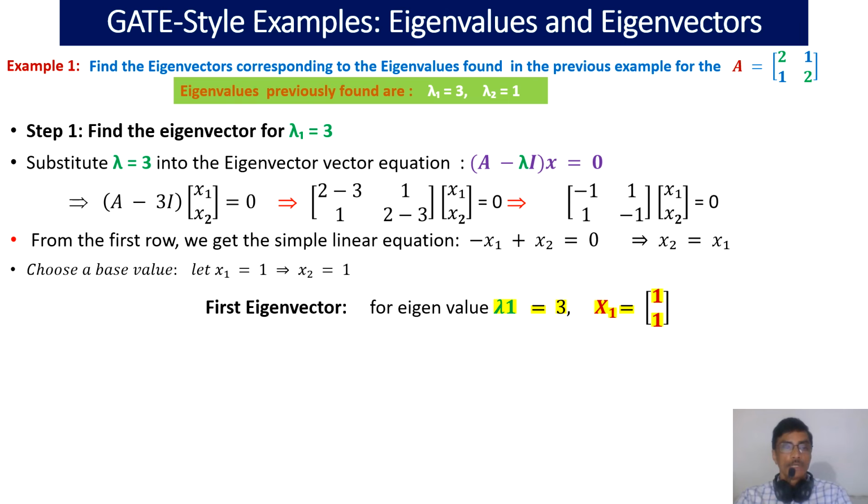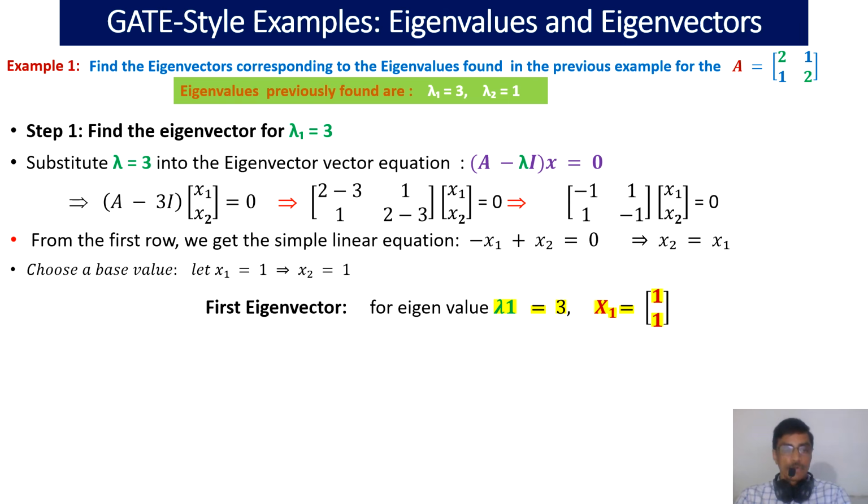Substitute lambda 1 equals 3 into the eigenvector equation, that is (A minus lambda I) times vector x equals 0. So it becomes [2 minus 3, 1; 1, 2 minus 3] times x equals 0, simplified to [minus 1, 1; 1, minus 1] x equals 0.